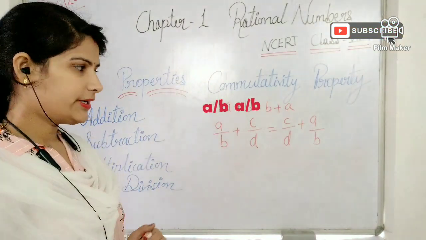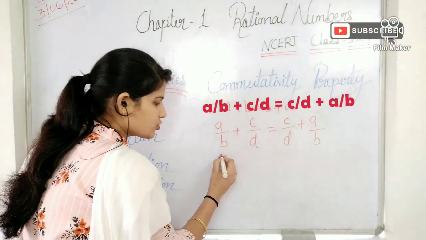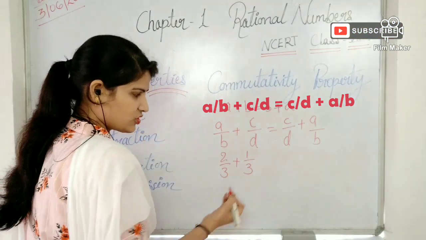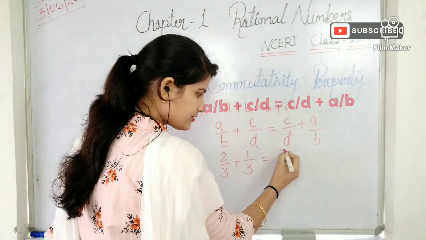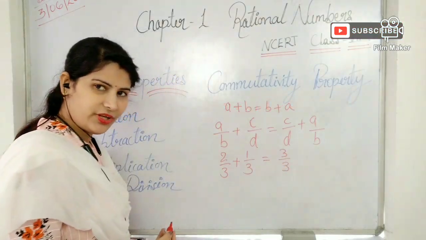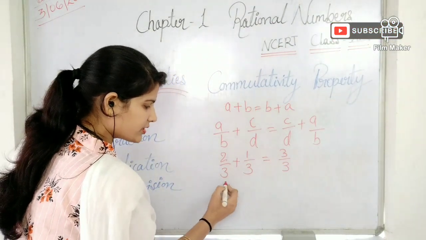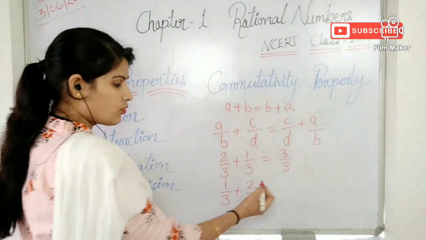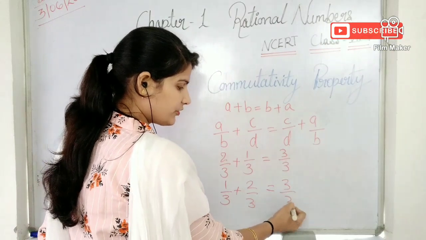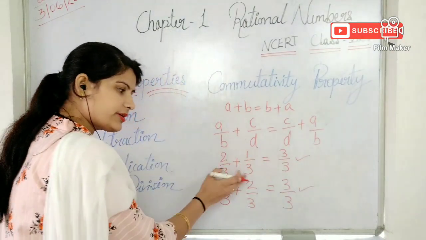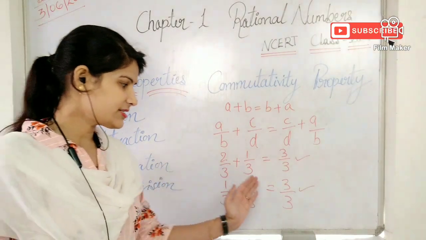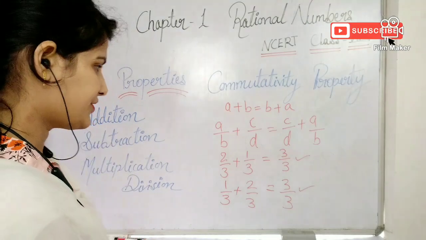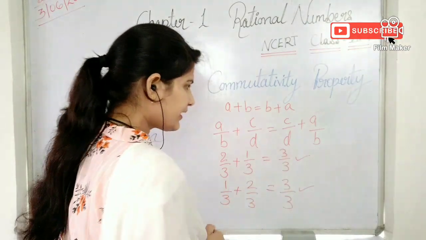Let us take an example: 2 by 3 plus 1 by 3 is 3 by 3. And just the opposite, 1 upon 3 plus 2 upon 3 is also 3 upon 3. So both are correct, whichever order we add in.